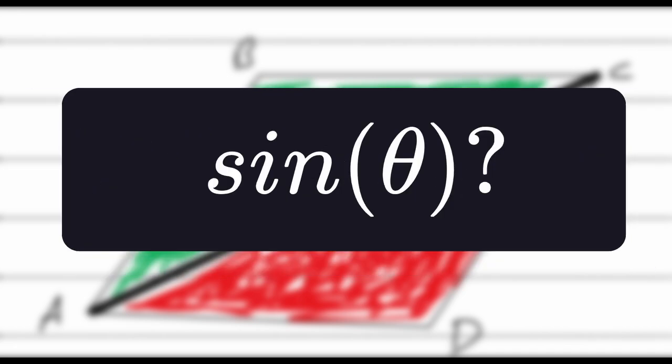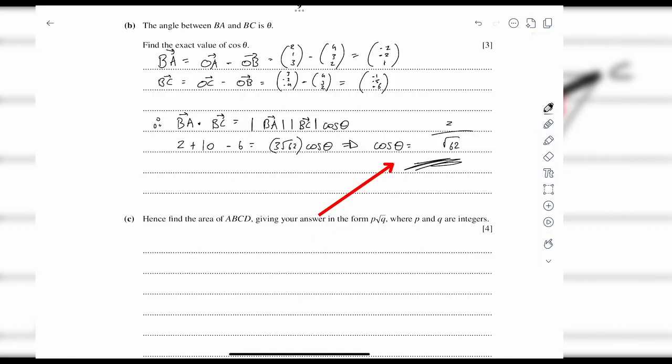The only thing is now we don't have sine theta, but we do have cos theta from part B.